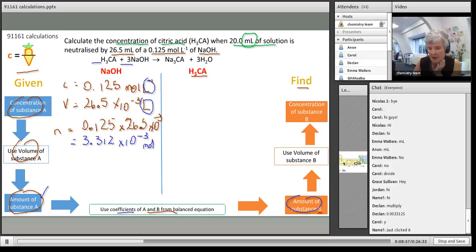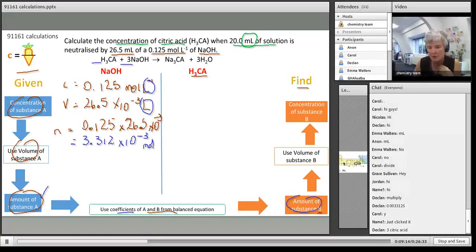Does anybody want to have a go? Because this is the first time we're working backwards. Before it was just easy, multiply by 2. But now we actually have a 3 in front of the known substance, not the unknown.